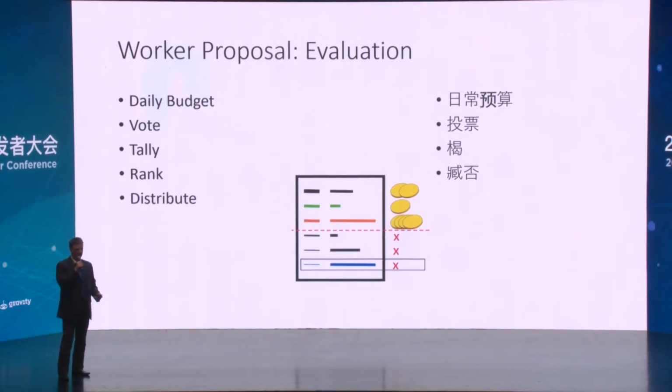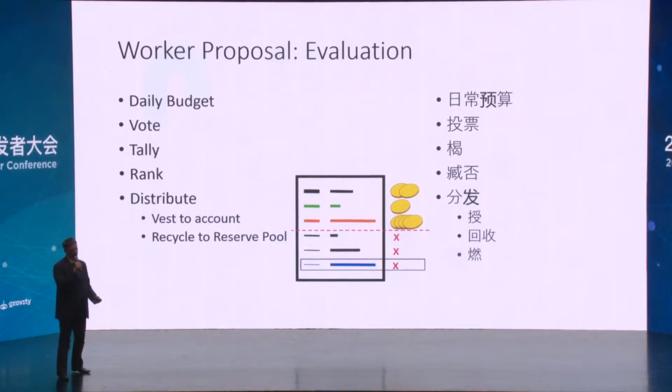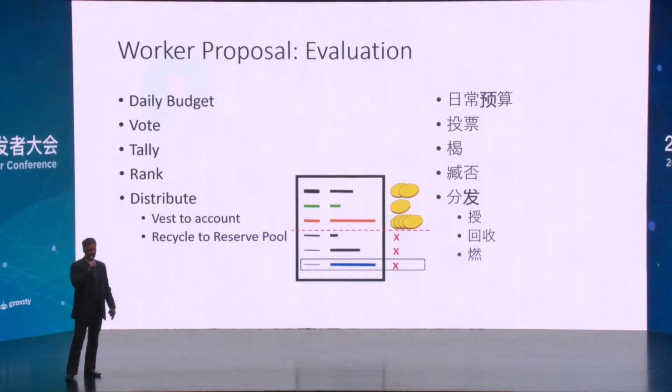All right, so that's basically how this worker proposal works. And there are two places that you would be distributing these. Typically, you're going to be distributing them to your worker account, right? Because you're going to use these funds to pay for your development work.